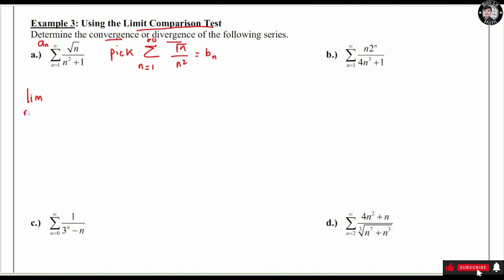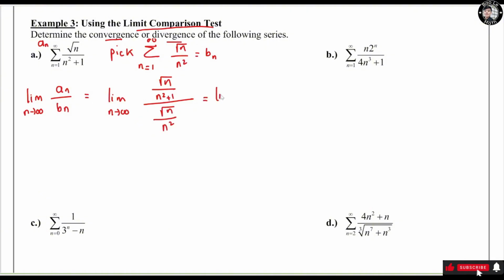The limit when n approaches infinity of a sub n over b sub n equals the limit when n approaches infinity of square root of n over n squared plus 1, divided by square root of n over n squared.